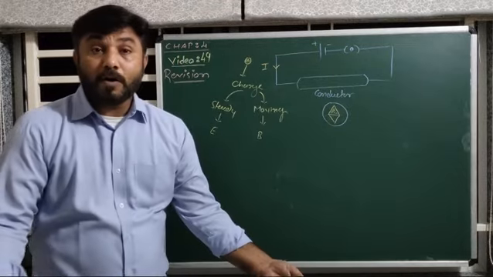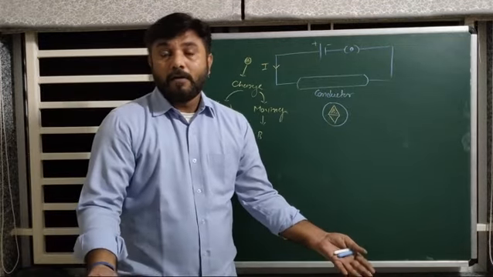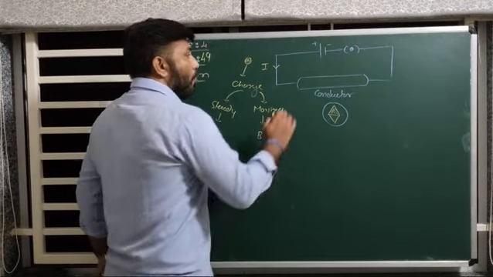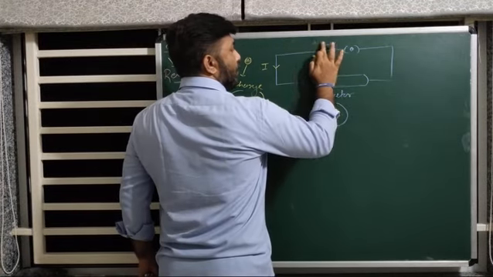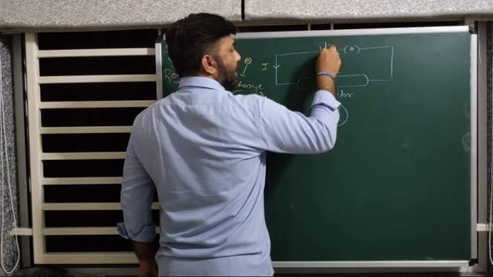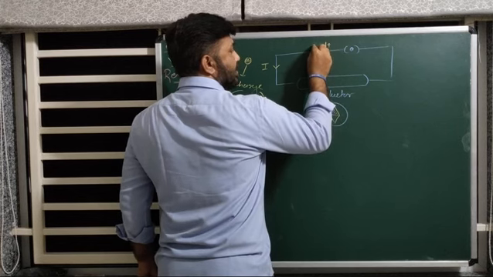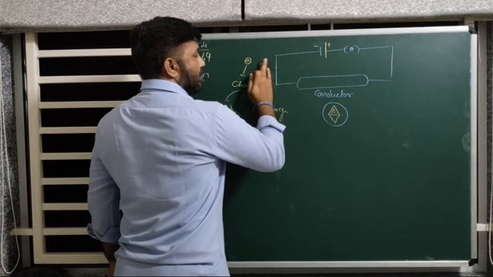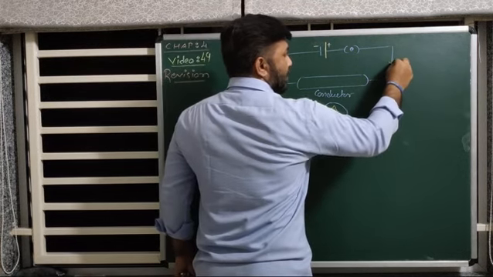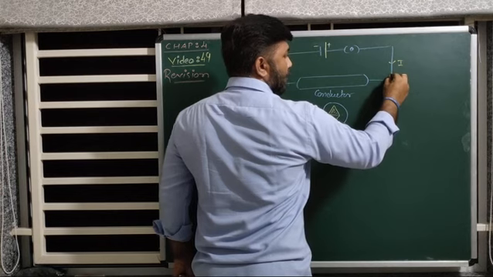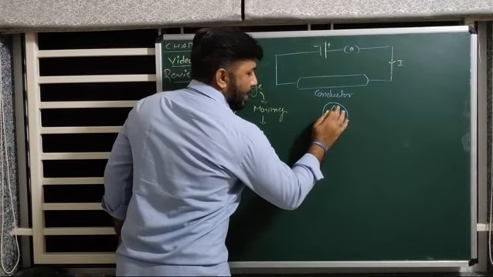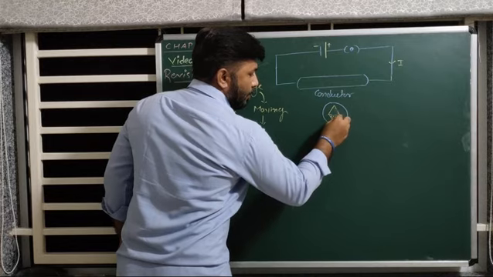He was shocked. Then he did one more thing: he changed the polarity of the battery, so the direction of electric current was reversed. So the direction of the magnetic needle was also reversed.